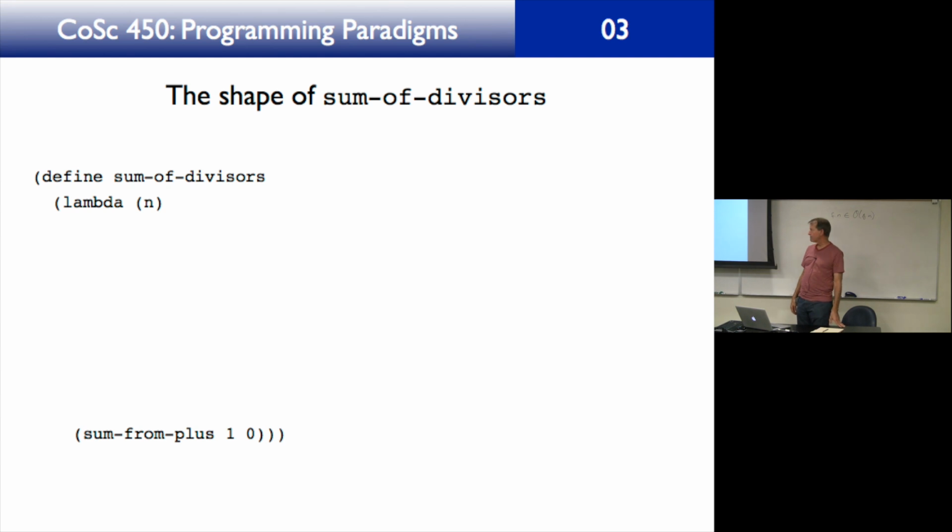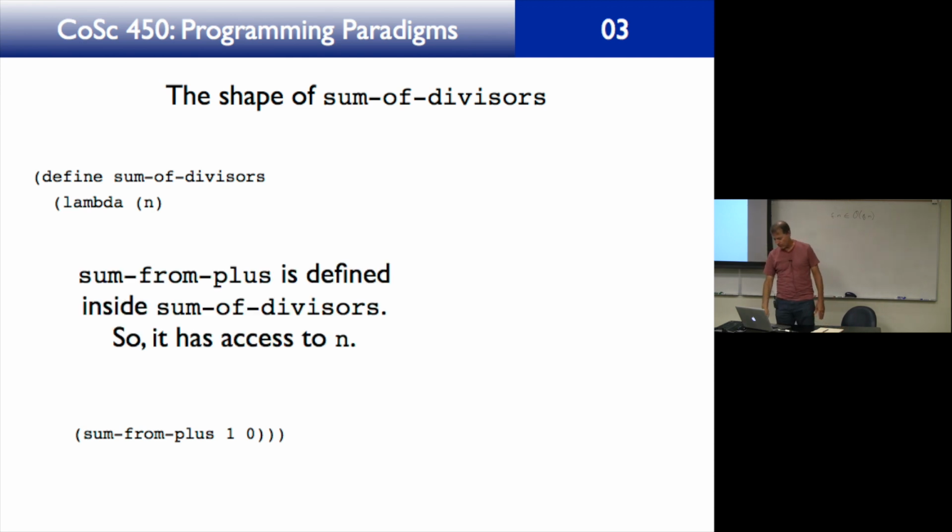So now, here was an interesting concept. On this slide, we define sum of divisors, and we have lambda n, because n is the number for which we're finding the sum of divisors. At the bottom, it's a one-liner: we call sum from plus 1, 0.